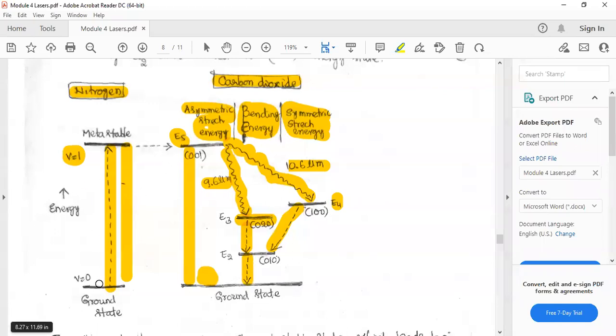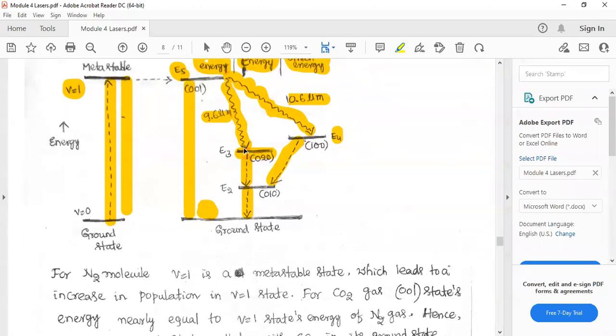The nitrogen molecules which have gone to the excited level will come back to the ground state by giving their energy to carbon dioxide molecules. The carbon dioxide molecule gives two different wavelength lasers and comes back to the ground state, and again it will collide with an excited nitrogen molecule. This is a chain kind of reaction. This reaction will not stop, and continuous laser pulses will be obtained. This is the mechanism.